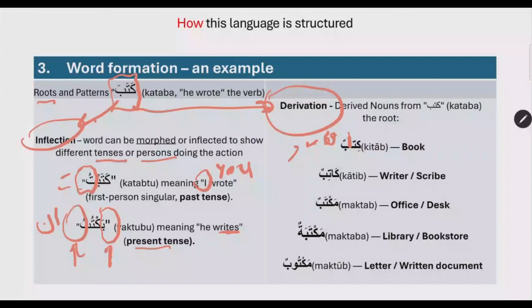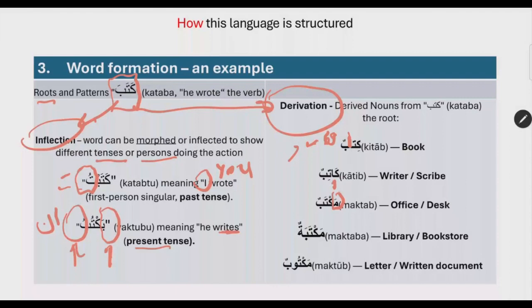Then we have katib. Instead of kitab, we have katib, where the alif comes between the first and the second letter. This one shows us the writer, in other words, the person that's scribing or doing the writing is known as a katib. Then if you have a meem in front, like maktab, this means an office or a desk, two possible meanings, where writing is normally done.